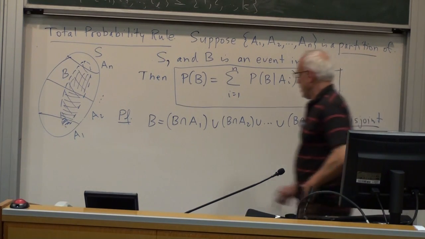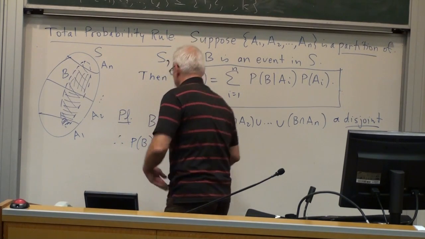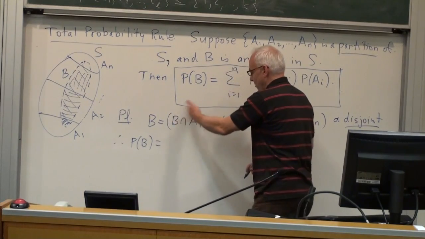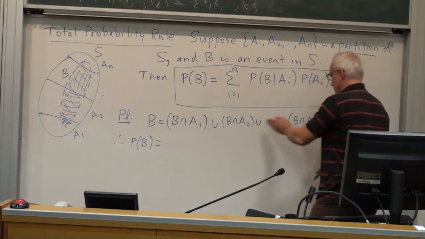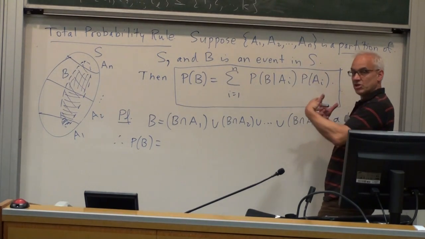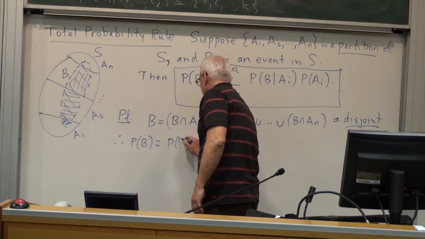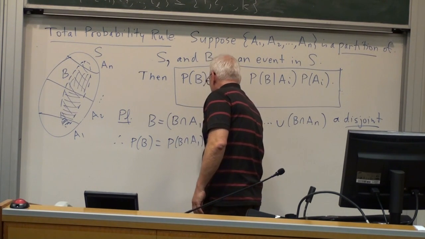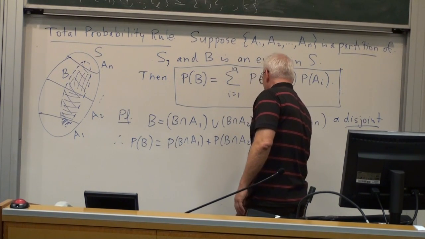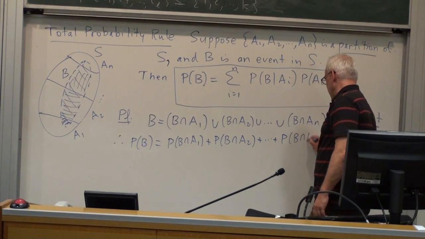Okay, so therefore the probability of B is the sum of all the probabilities of all the elements of B. So it's going to be the probability of this plus the probability of this all the way up to the probability of this. All these probabilities added up together, because these are all disjoint events. So it's the probability of B intersect A1 plus the probability of B intersect A2, and so on all the way up to the probability of B intersect AN.